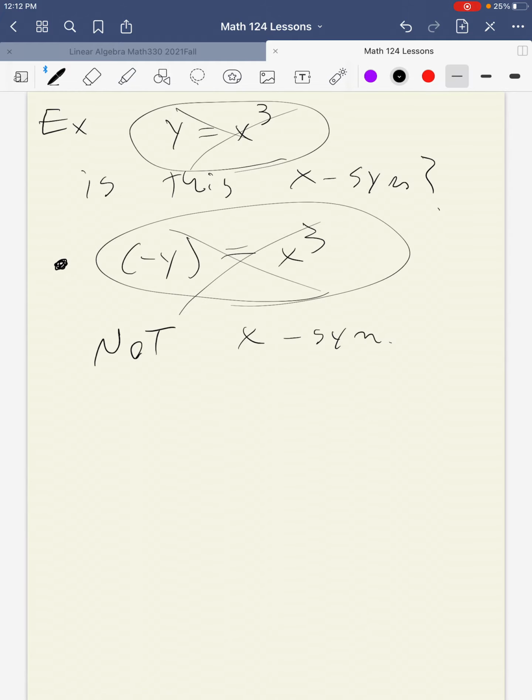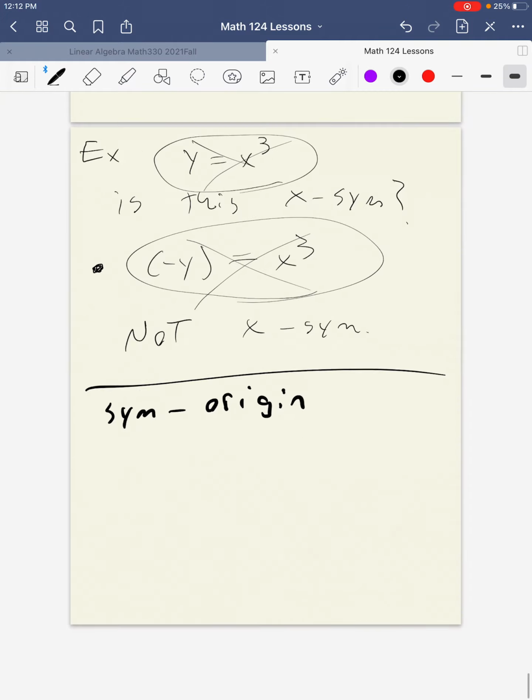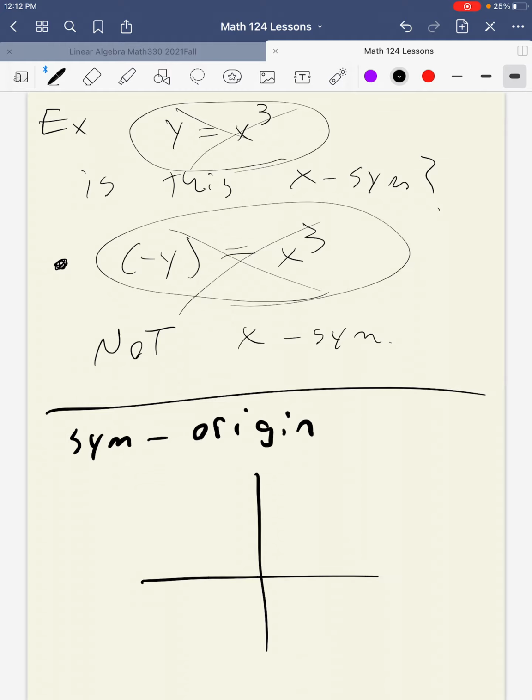Okay, now if you recall, there was one more type of symmetry, that is symmetric about the origin. Let me draw a picture of a graph that is symmetric about the origin, and then let's investigate it. Here, if we plug in some number x, we will get some output y.